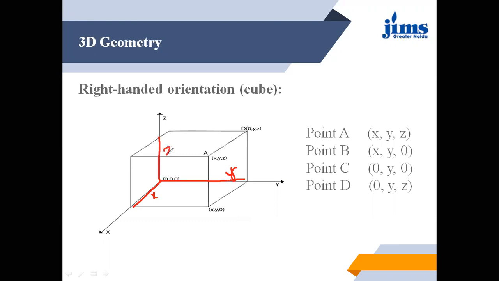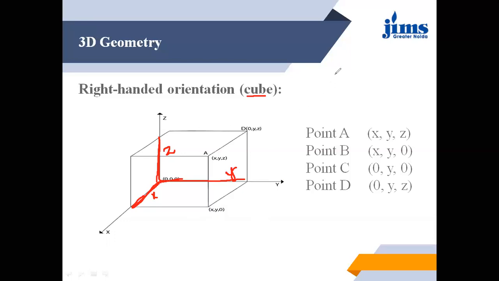Meaning we have a cube where one side of the cube is x, another side is y, and the third side, the height of the cube, is z. You can understand it in one more way.